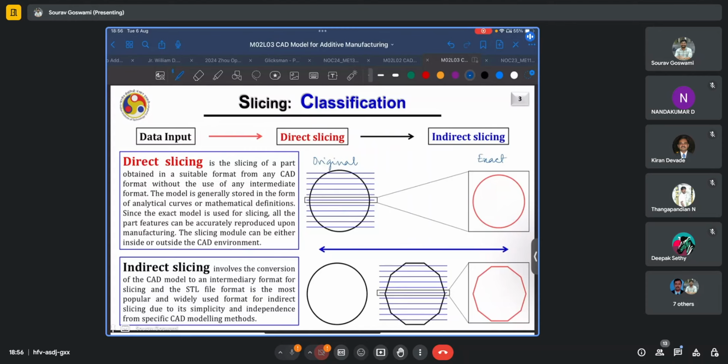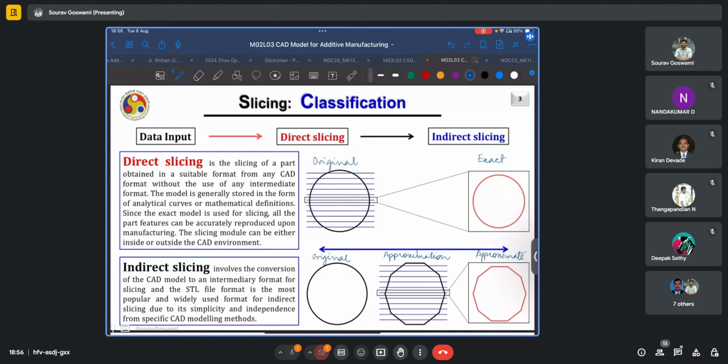In indirect slicing, of course, we start with our original CAD model, but then we approximate it, say, by tessellation using triangles in an STL file. So it's an approximation. And then the representation also becomes approximate.